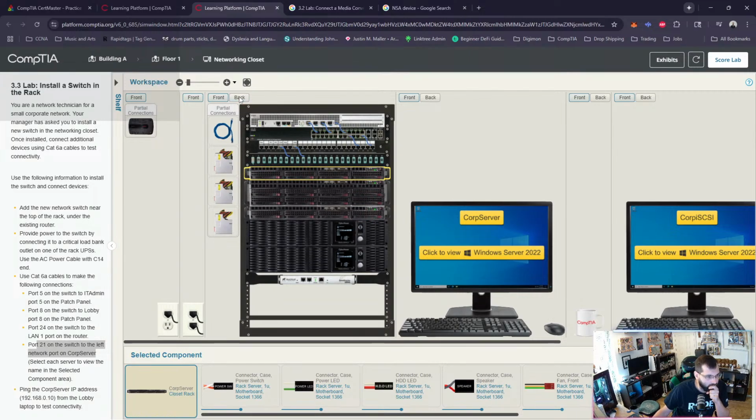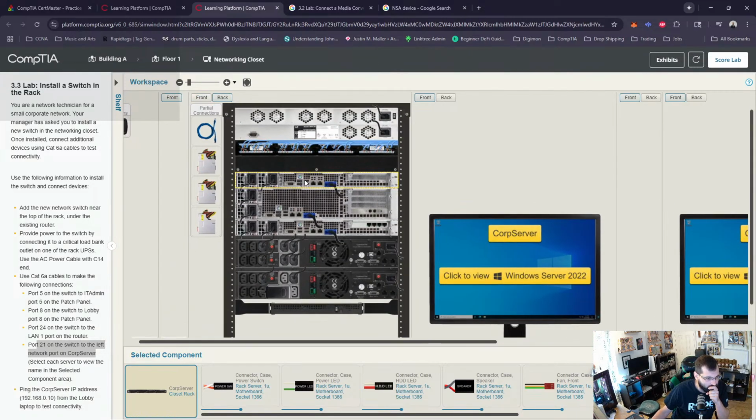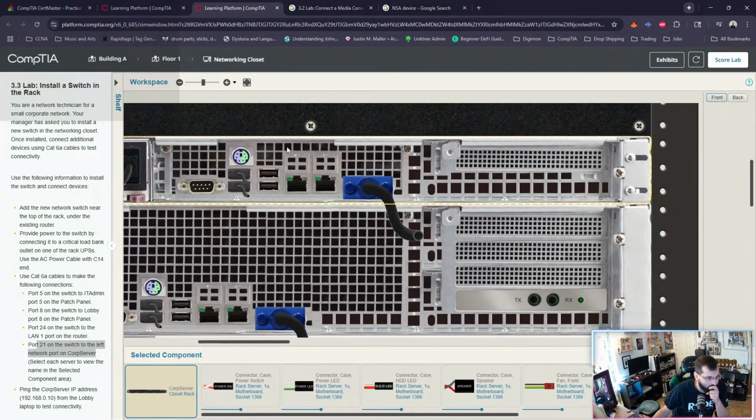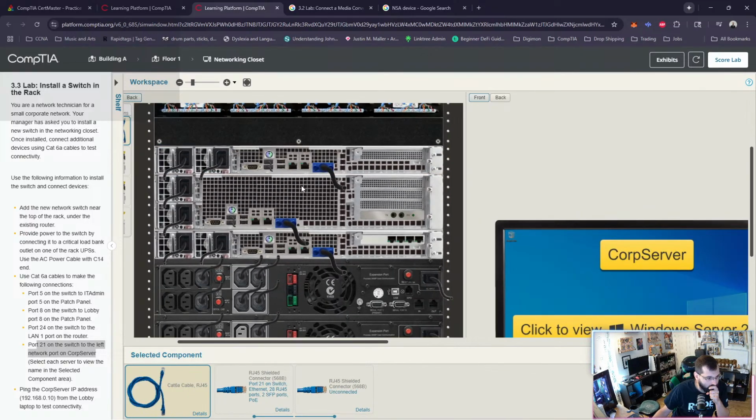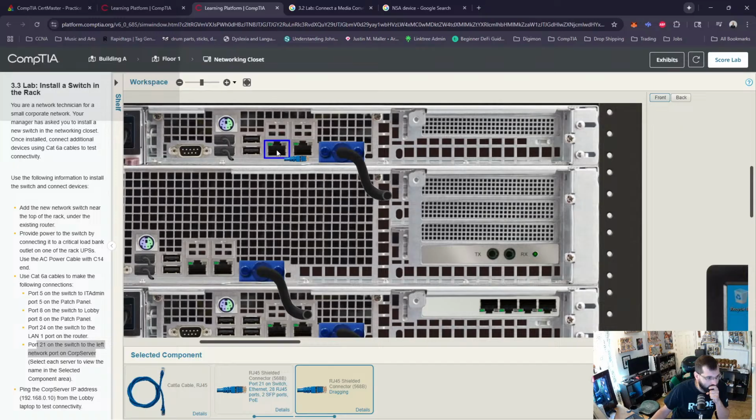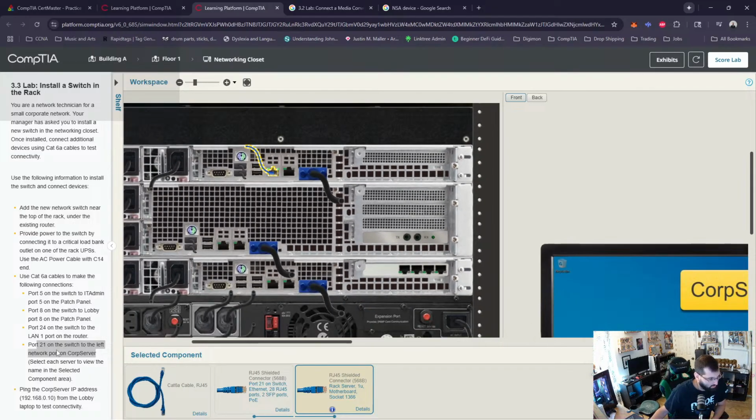This goes here. And because it specifically said to the left, does it absolutely matter which one's which? Select each server to view the name in the selected component area. Ping the corp server IP address from the lobby.